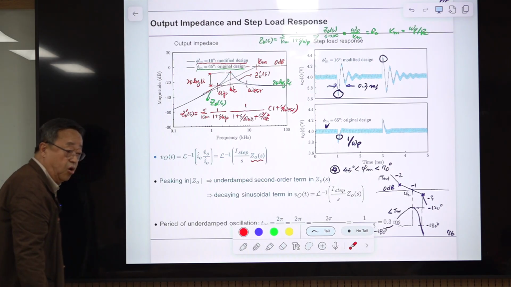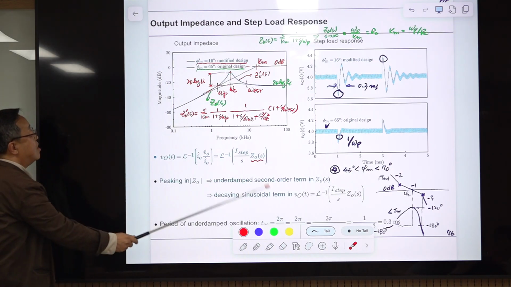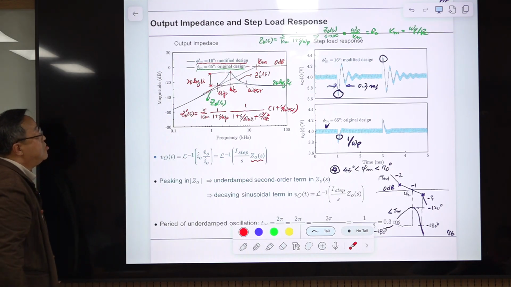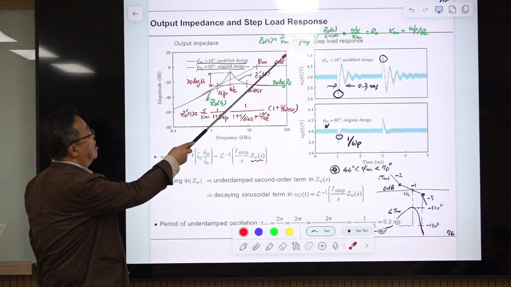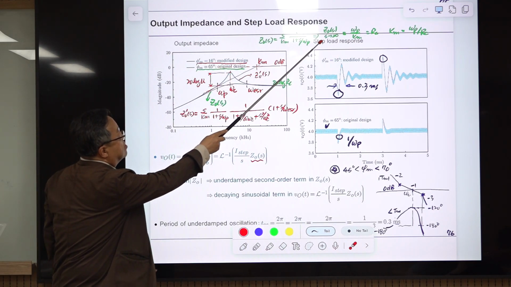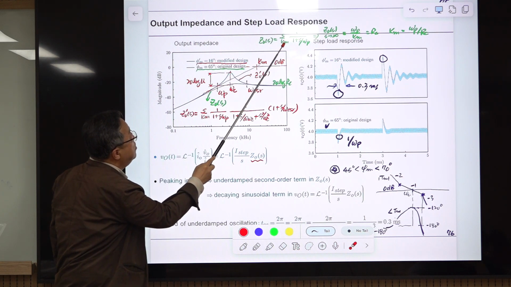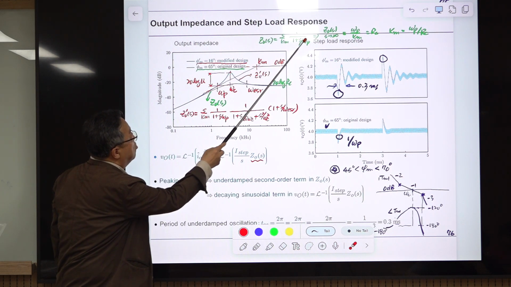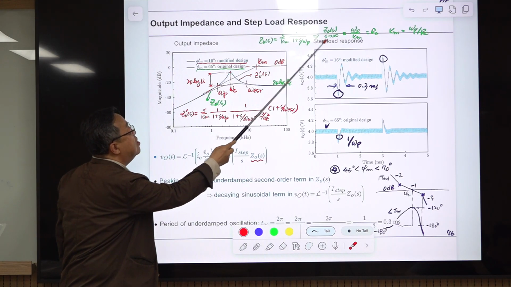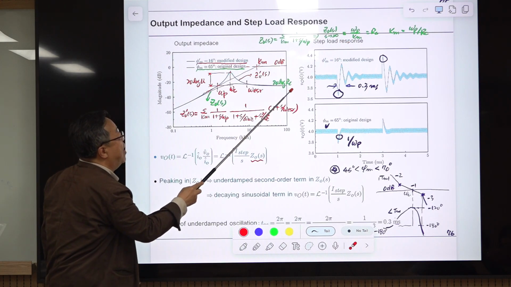That is one way of evaluating Km. Another way is to consider very high frequency, so s is approaching infinity. Then you take only the coefficient. So Km is here, and omega p is going upstairs, and this one is the same as this one.